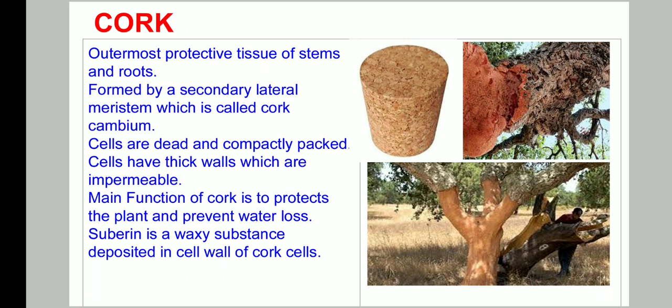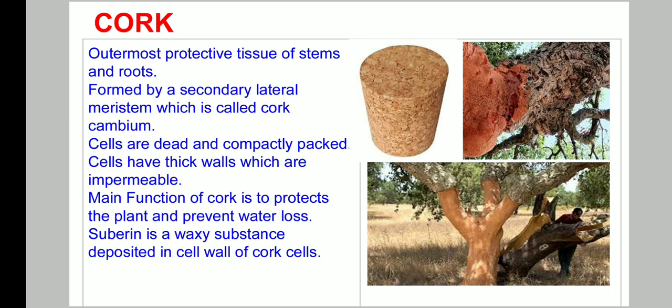So this type of tissue is found on trees and big plants, those trees which have that brown colored bark. That bark may be converted into cork also, and you can see in the pictures how this bark or cork portion is removed from the trees.